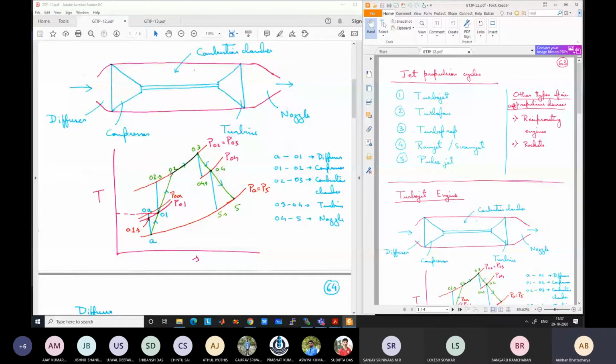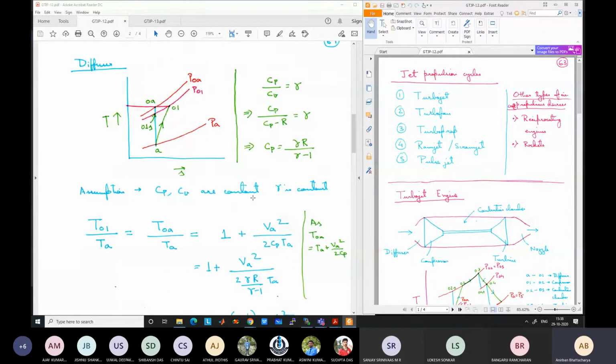From 02 to 03 is the combustion in the combustion chamber, assuming there is no pressure loss. 03 to 04 is the expansion in the turbine. The work output in the turbine in this case is equal to the work input required for the compressor, because the turbine is only necessary for running the compressor, not for power generation. And then from 04 to 5, okay, static condition 5, is the expansion in the nozzle. That also we will study in more detail, the nozzle part. Diffuser and nozzle we will study in more detail.